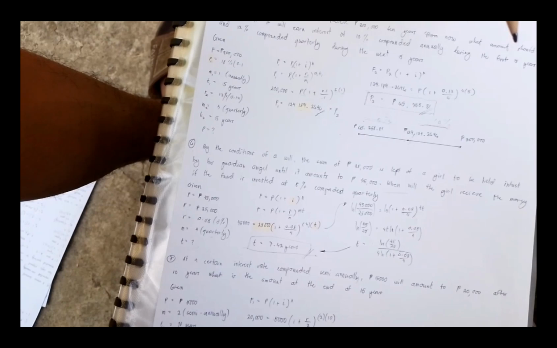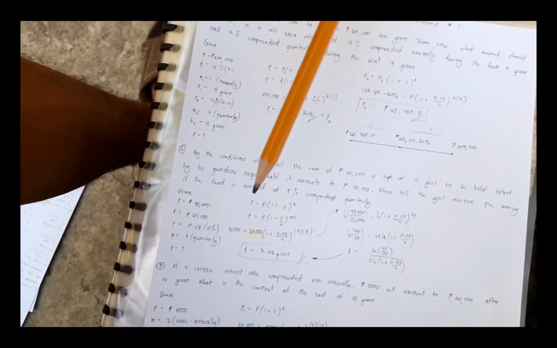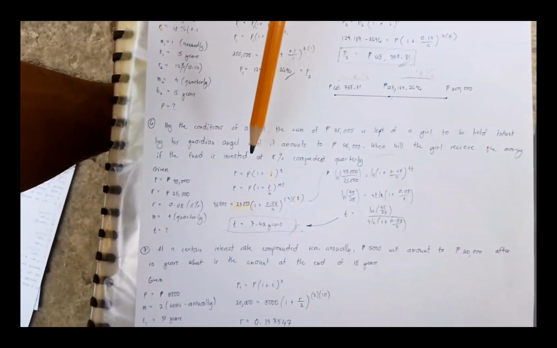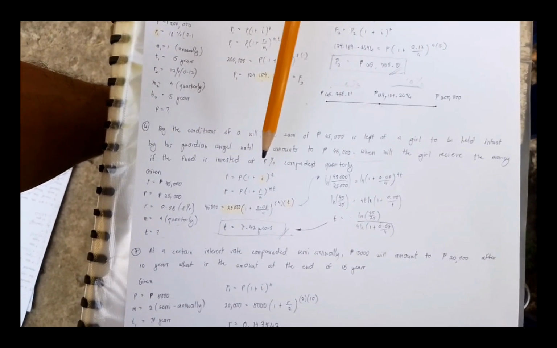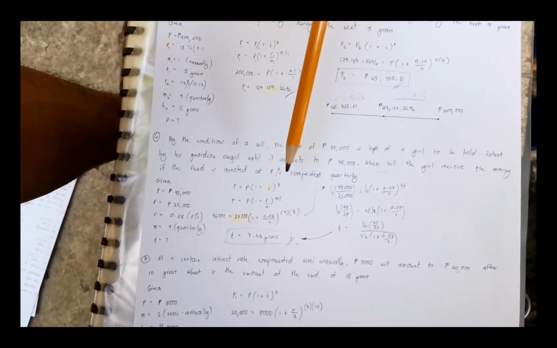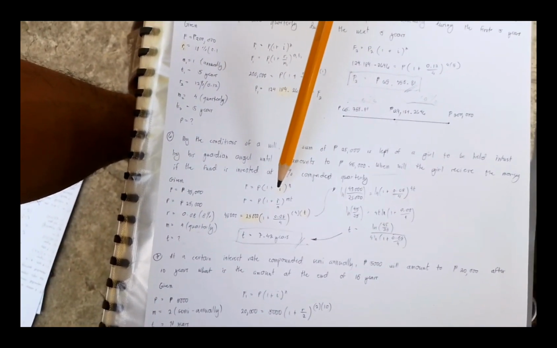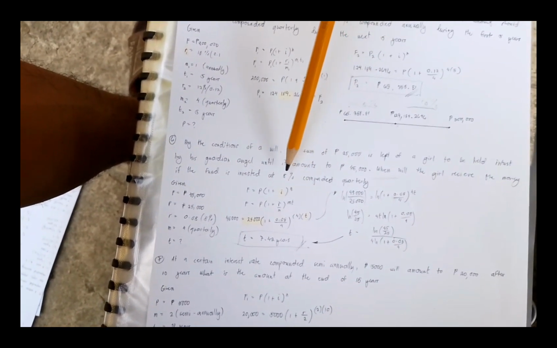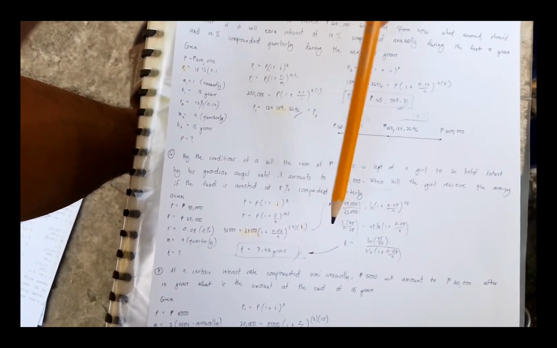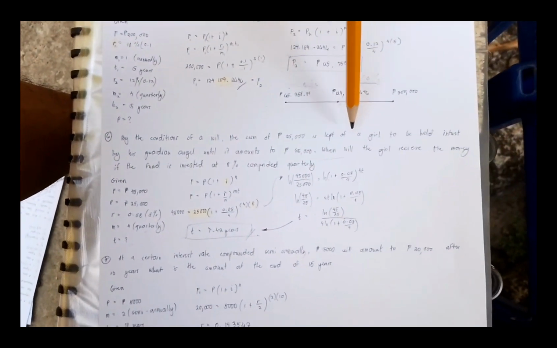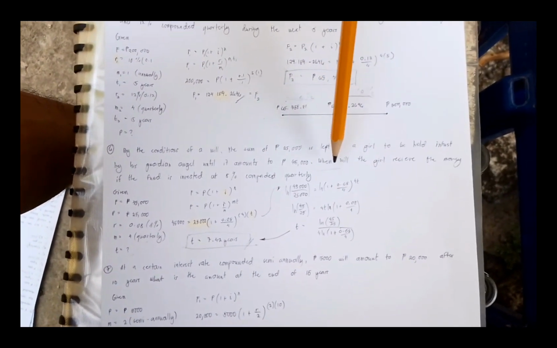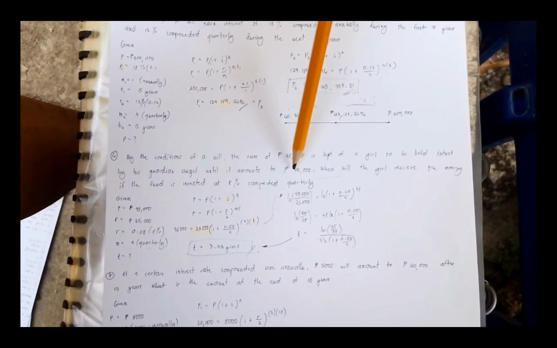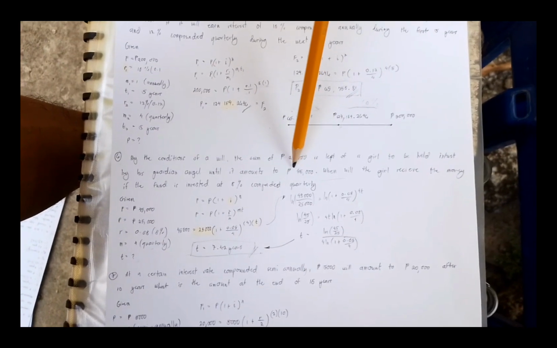So first, substitute. F is equal to P times the quantity of 1 plus i raised to N. And i is equal to rate over mode of compounding. Then N is mt, or mode of compounding times time. And time is missing since it's asking when the girl will receive the 45,000 pesos.